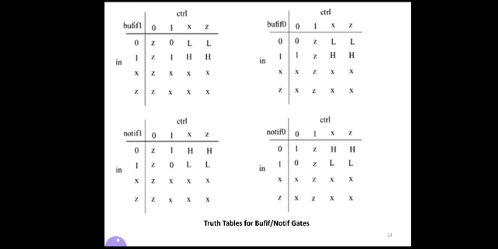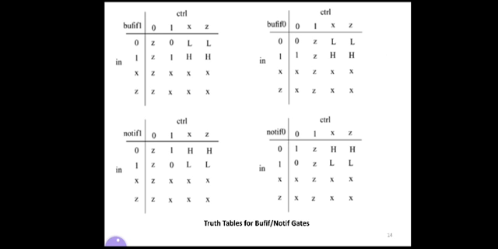So these are the truth tables for bufif1, bufif0 and notif1, notif0. Observe that buffers give the output the same as the input, but in this case, only if the control input is asserted will the output be present; otherwise it will provide a high impedance value.